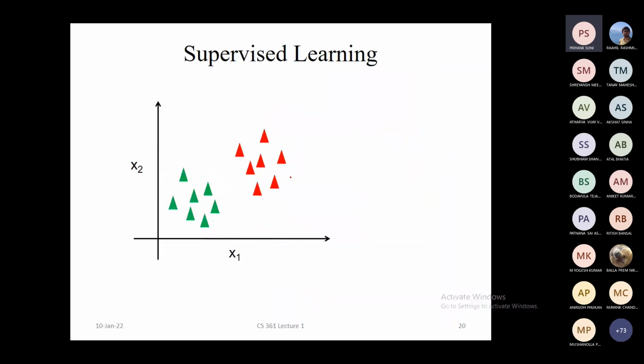Now, whatever we have discussed so far was a supervised setting. That means the examples are given in this way, red and green. But if there is no label, then we can say this is unsupervised.